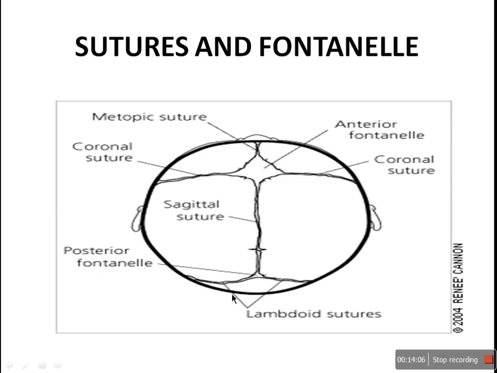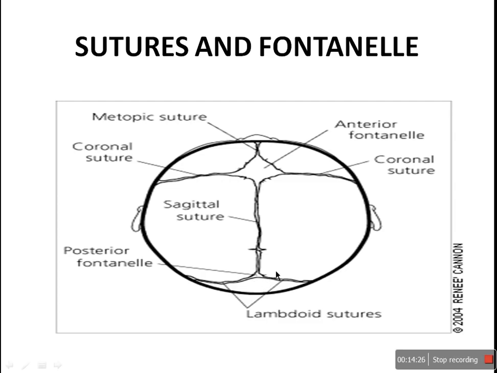It is formed by the lambdoid sutures. Here you can see the lambdoid suture, and the sagittal suture also coming from here. You can see it is triangle in shape.